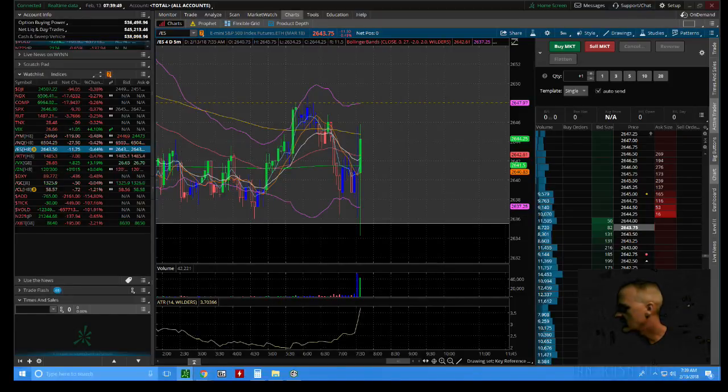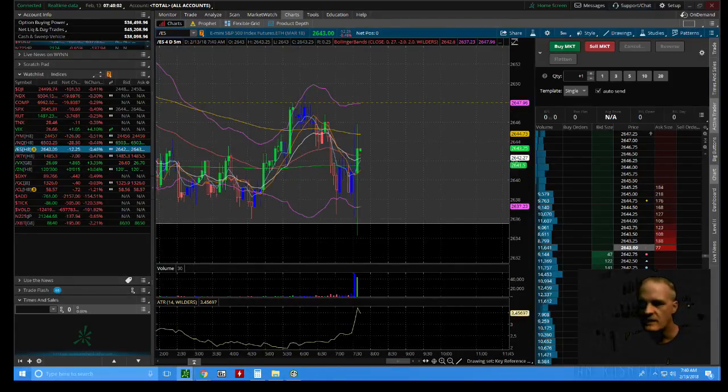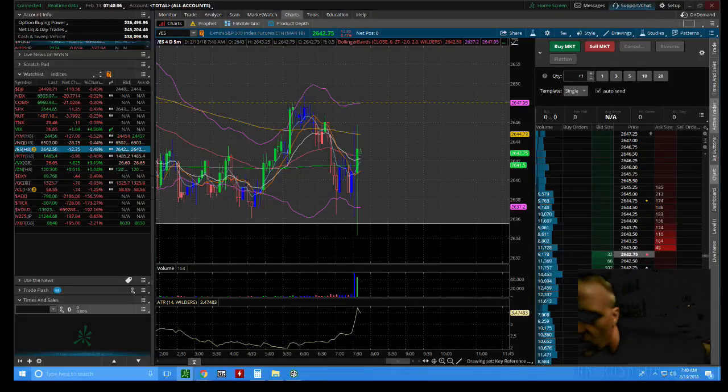And I've said this before, as I watch these charts, I like to think of it in terms of motion. It helps me if I get a feel for the motion of the market: is it moving up, is it moving down, at what velocity is it moving up or down, is it in a holding pattern.